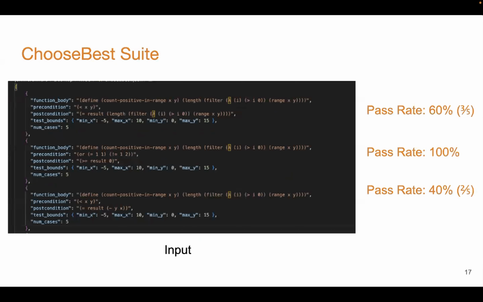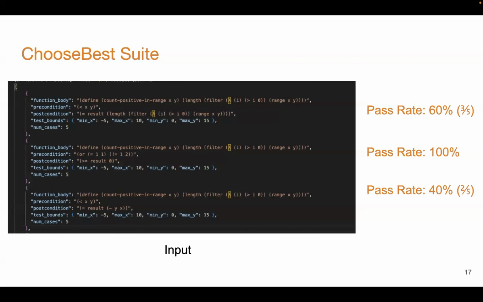The next suite is called the choose best suite. What's really interesting with this is that all the function bodies are the same, as well as the min and max values, and also the number of cases. The only thing changing in this example are the pre and post conditions. The purpose of this experiment is to see how the pre and post conditions impact the pass rate.